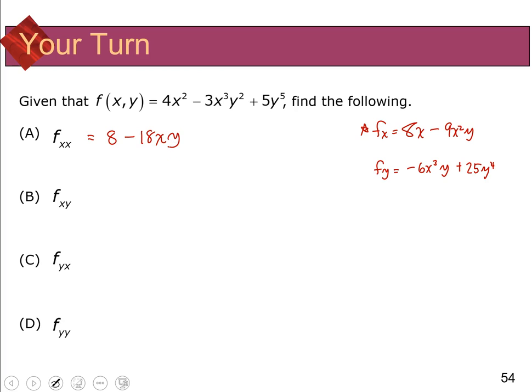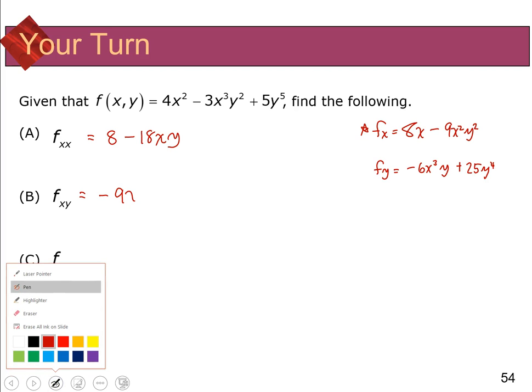When I do f sub xy, I do the derivative of fx with respect to y. I end up with a constant as 8x, so that goes away. For this one here, I'm going to be left with the derivative with respect to y. Sorry, take that back, that's a copying error.